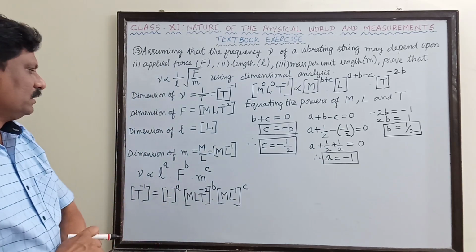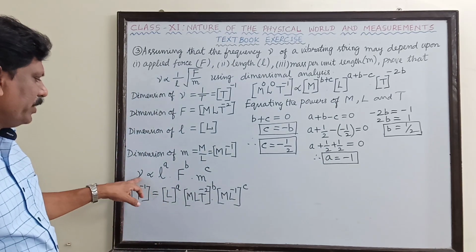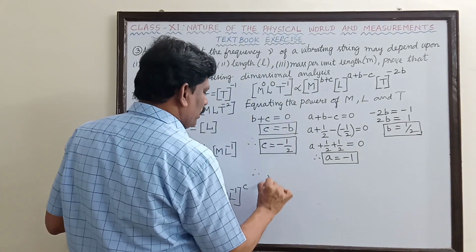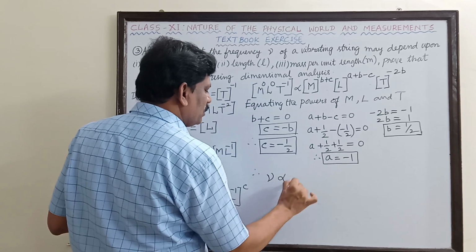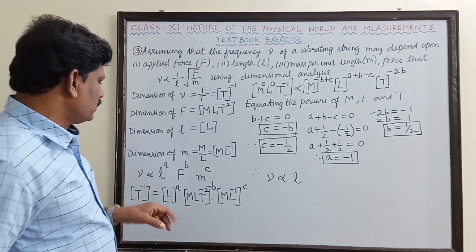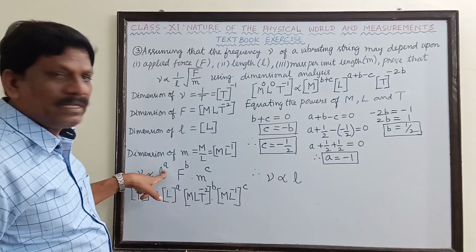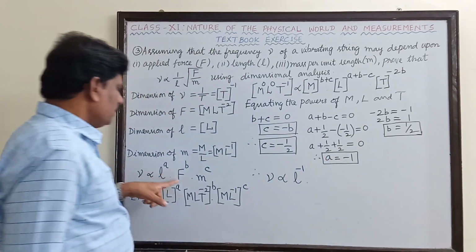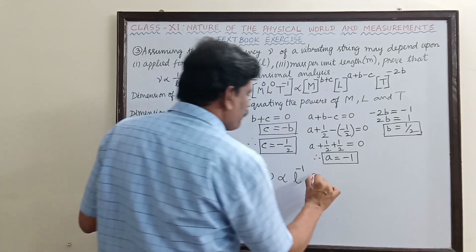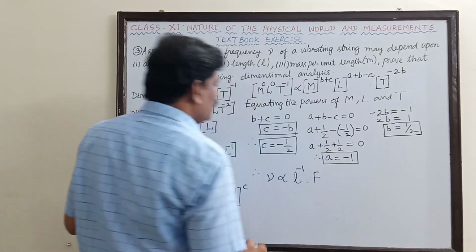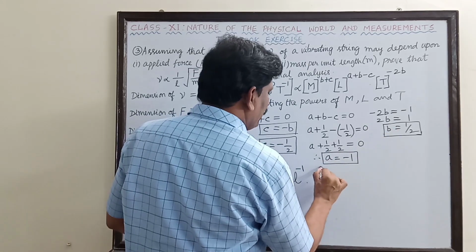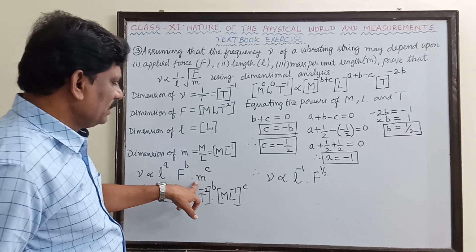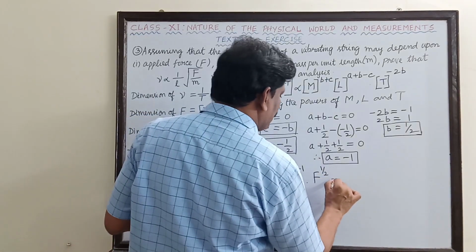Understand? So you look at this expression, frequency nu is proportional to L power a. So nu is proportional to length to the power a. In place of a, what shall we substitute? Minus 1. L power minus 1. Force F to the power b, that is power 1 by 2, into mass per unit length M to the power c.